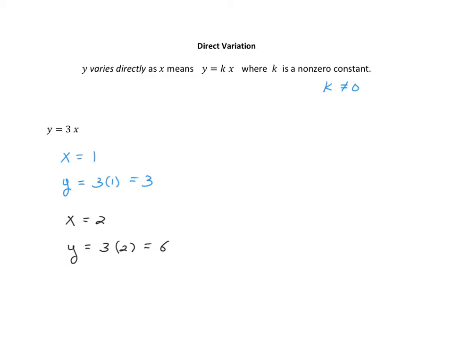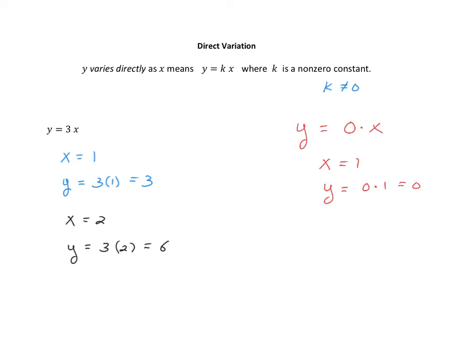One other thought, the reason that the constant can't be 0 is you can't have an equation that looks like y is equal to 0 times x and call this direct variation, because if you let x equal 1, then the corresponding y value is going to be 0 times 1, which is 0.